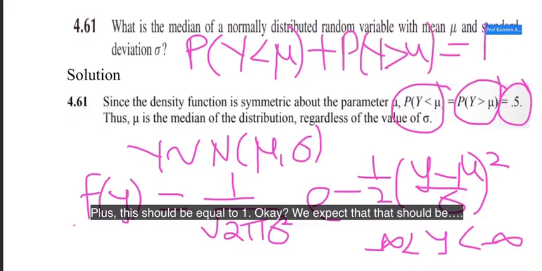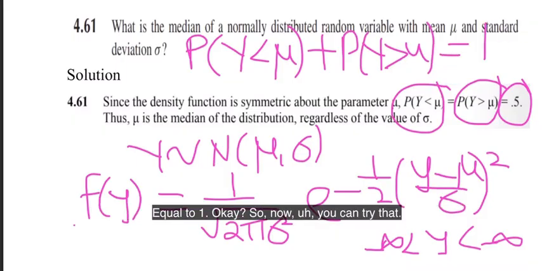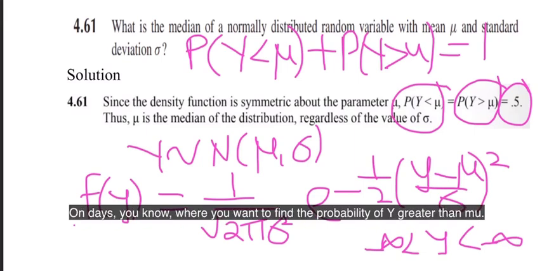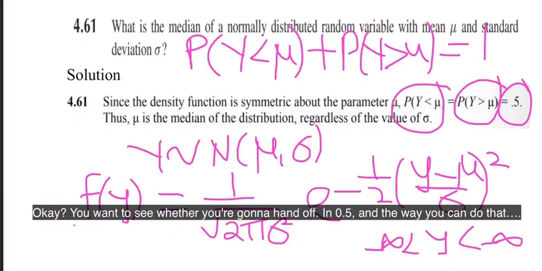So now you can try that. You can try performing an antiderivative on this, where you want to find the probability of y greater than mu. You want to see whether you're going to end up with 0.5.